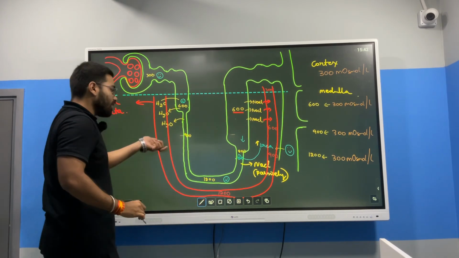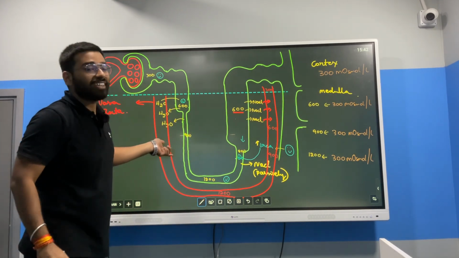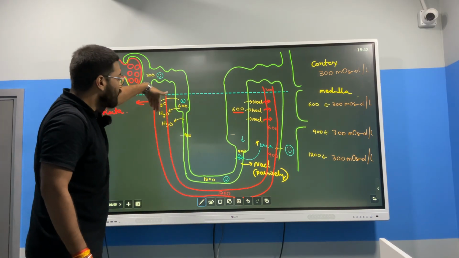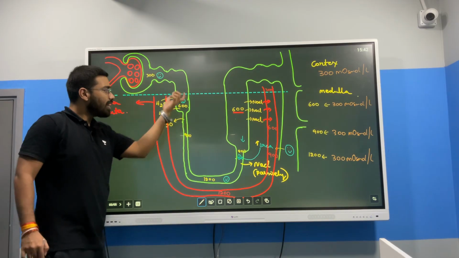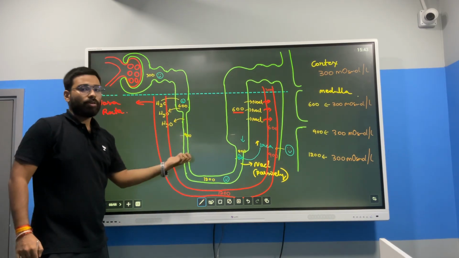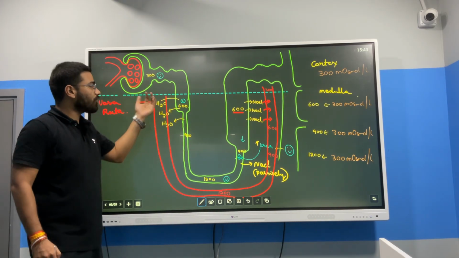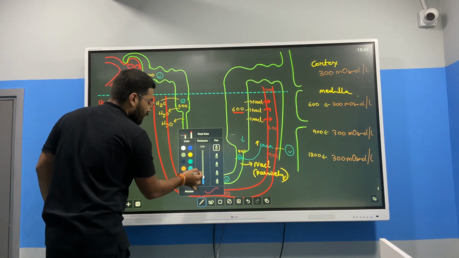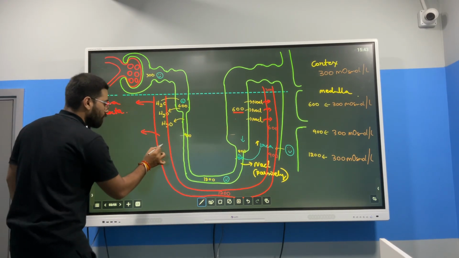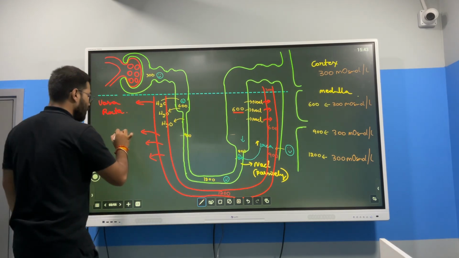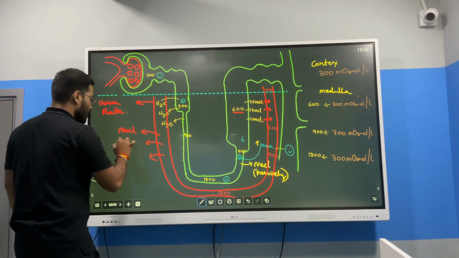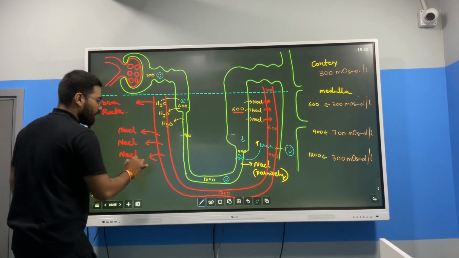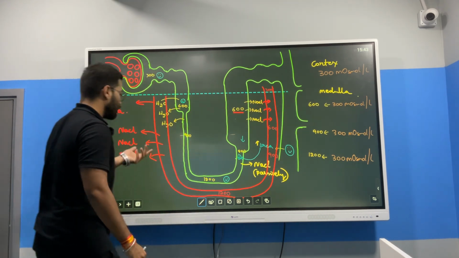But when it comes back into the ascending part of the vasa recta, near the descending limb of Henle, it will release back the NaCl in this way. Here they took, here they release.